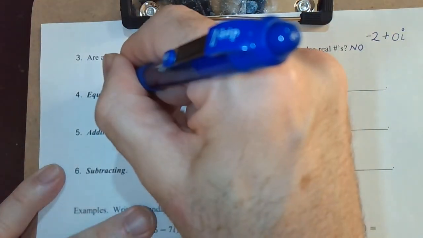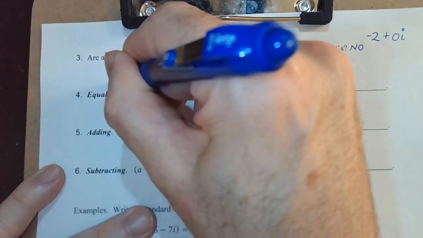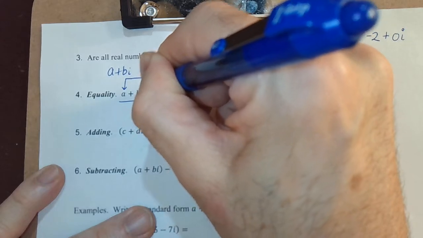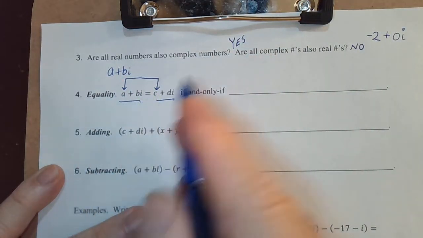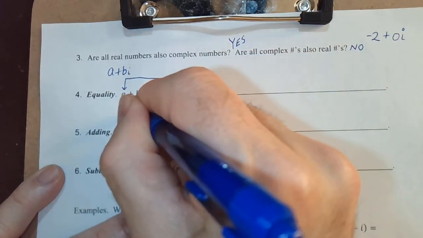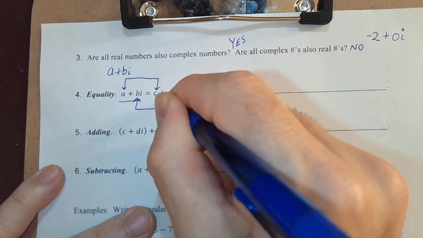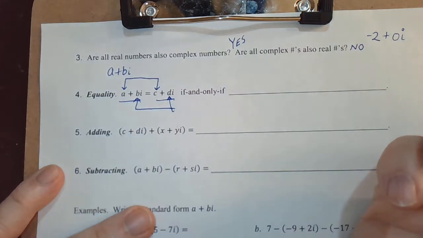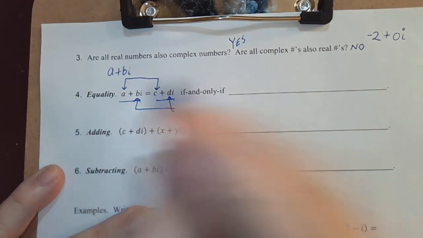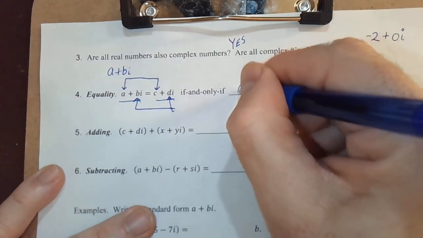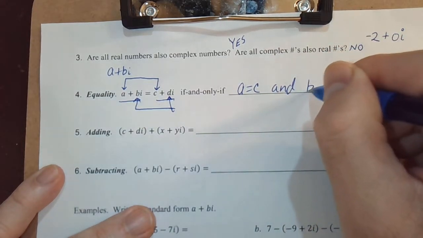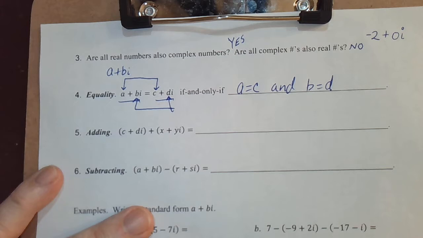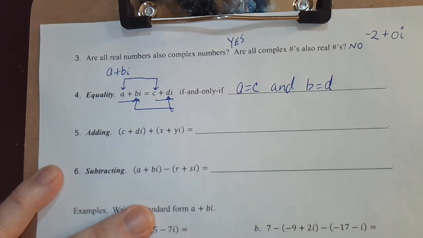Well, it turns out, probably like you would expect, the real part has to be the same. a and c have to be equal, as do b and d. So these two numbers are equal if and only if a is equal to c and b is equal to d. If one of them differs by even the smallest amount, they are not equal complex numbers.